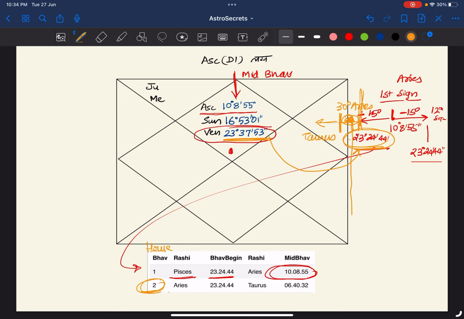Because it is at 23 degrees, 37 minutes, 53 seconds, which is greater than the first house expanse. The first house starts from 23 degrees, 24 minutes and 44 seconds, and goes till 23 degrees, 24 minutes and 44 seconds only, right?